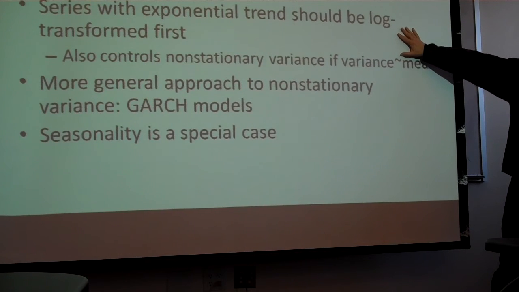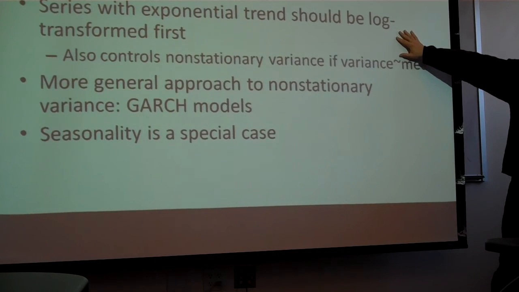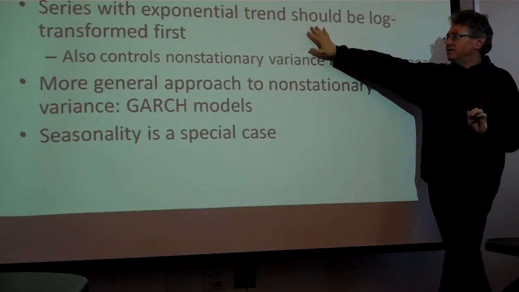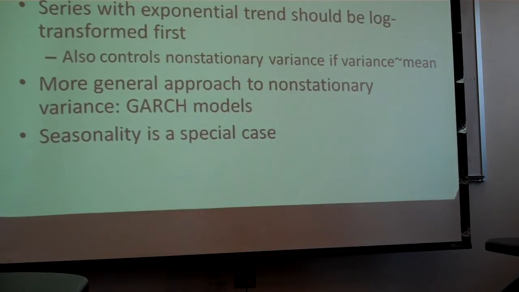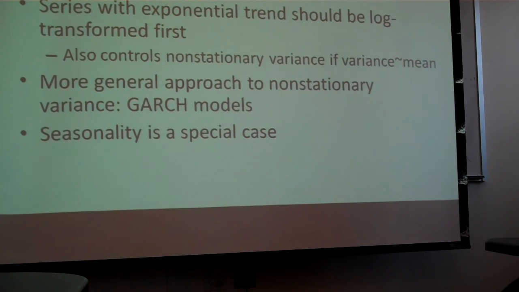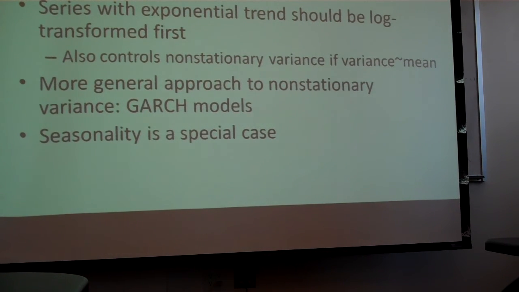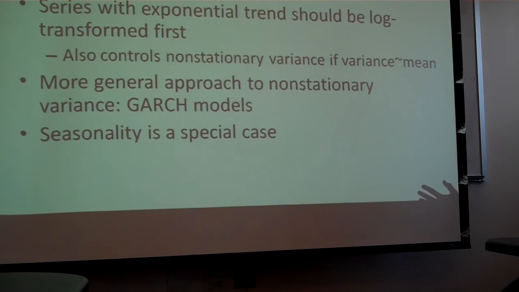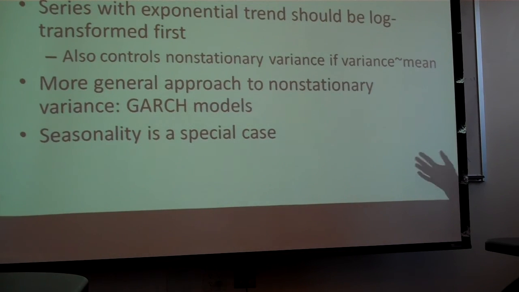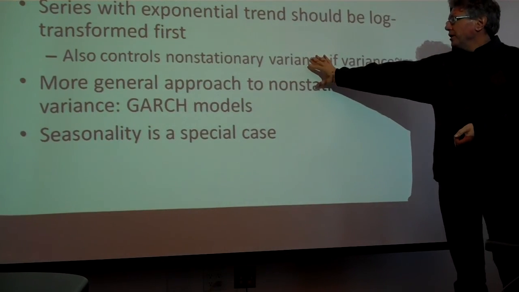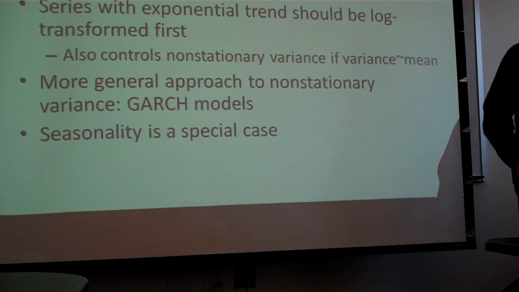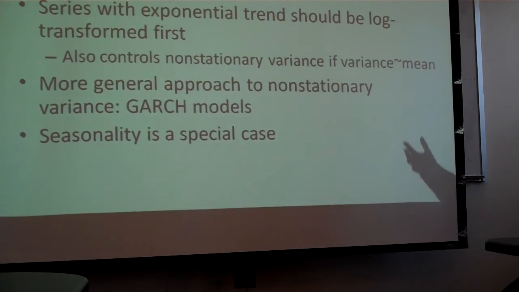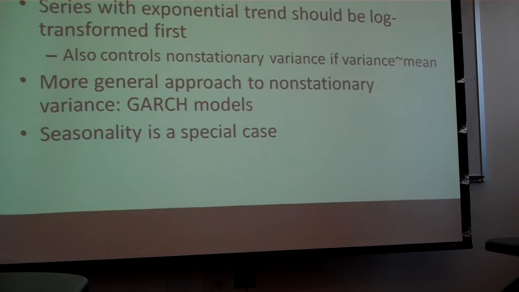In some cases, the trend in the mean would be exponential rather than linear or quadratic. In that case, you need to log transform the data first, because that turns the exponential trend into a linear trend, and then you can difference it. Also, if you've got a non-stationary variance, where the variance is approximately proportional to the mean, the log transform will also stabilize that.